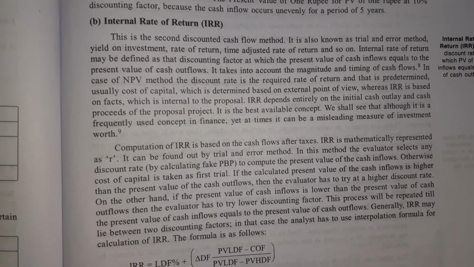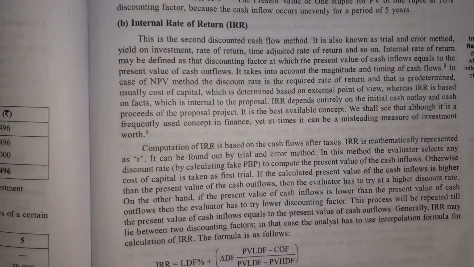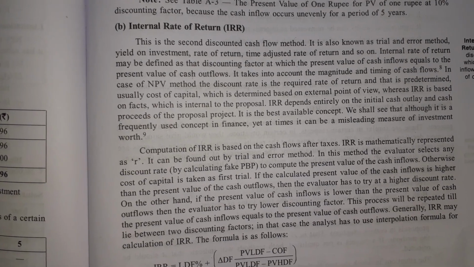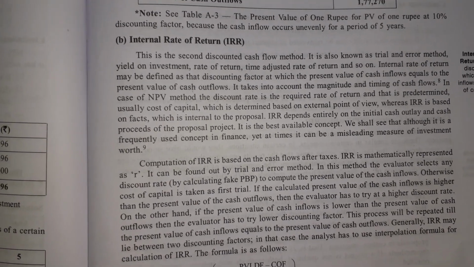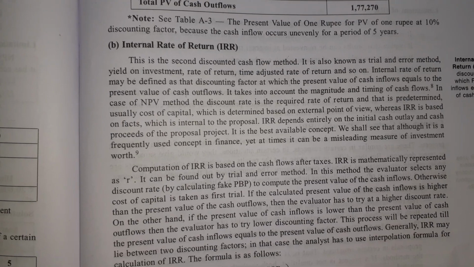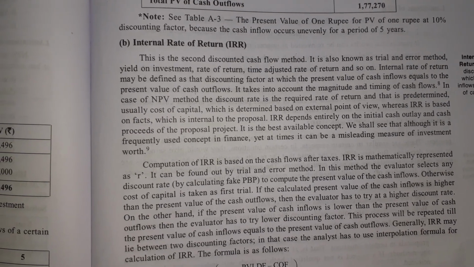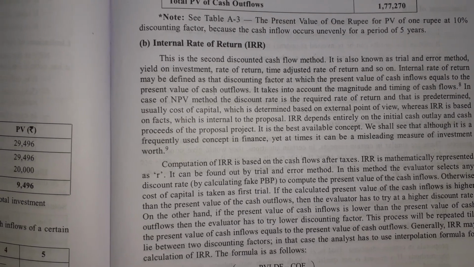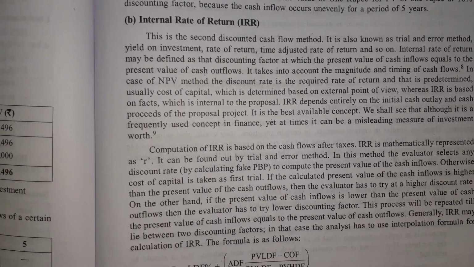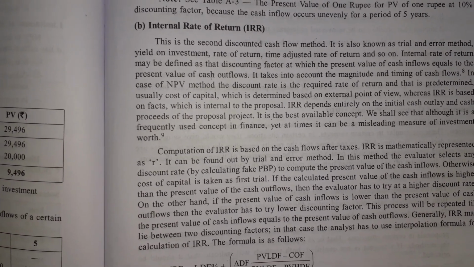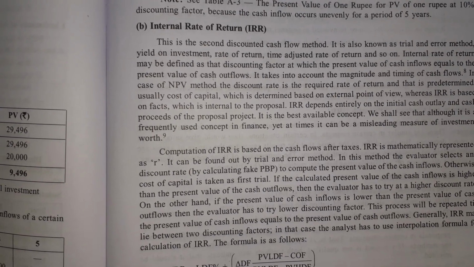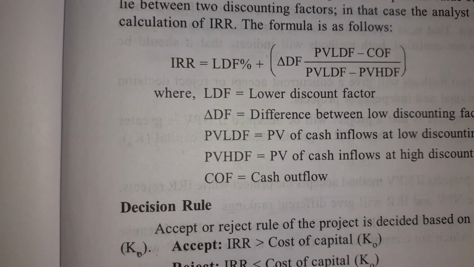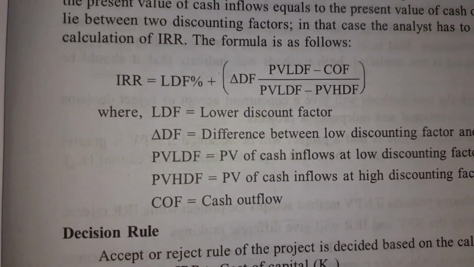You don't know what the return is going to be. You will do the trial and error until your present value of cash inflow is equal to the present value of cash outflow. For that we have the interpolation method. Through the trial and error, how do we derive the internal rate of return?